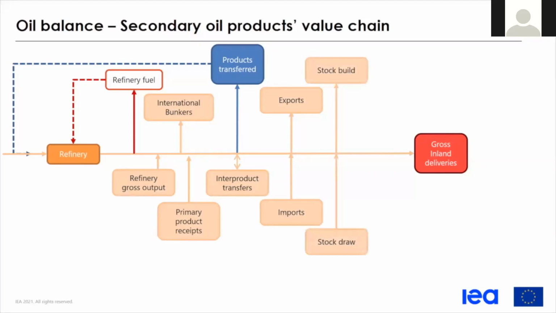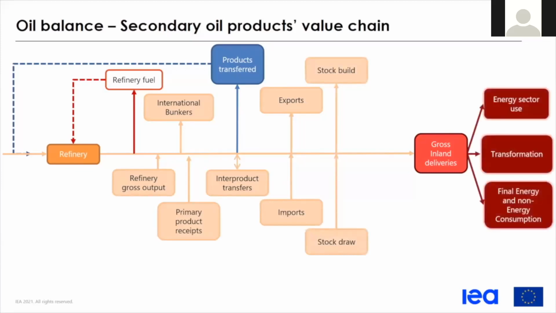And again, we can also have some stocks of those products for safety reasons, for commercial reasons, for many possible reasons. The gross inventories will be provided for energy sector use, for transformations, and for final and non-energy consumption.